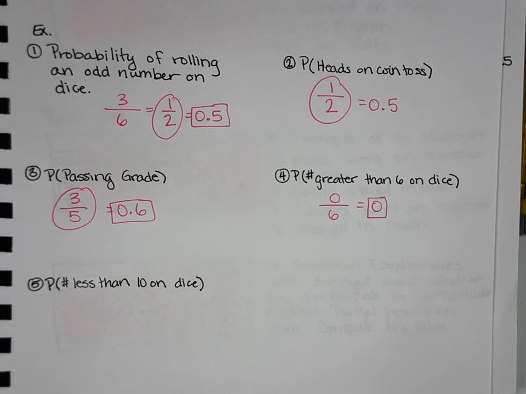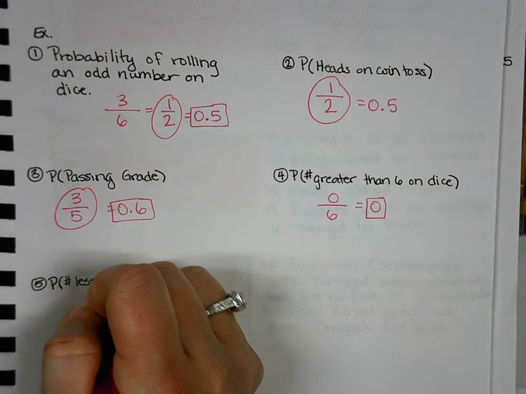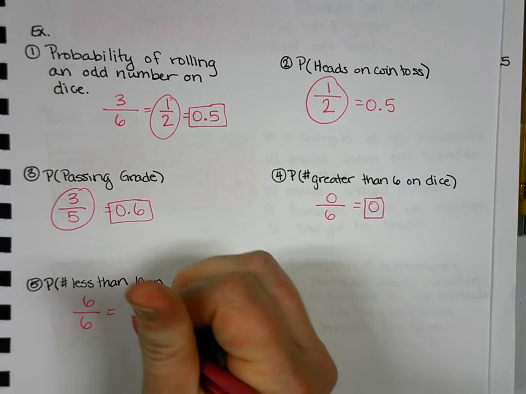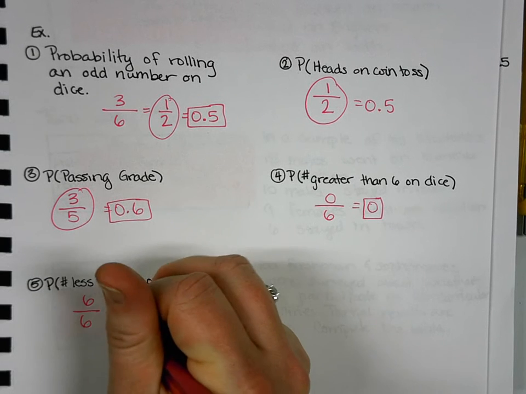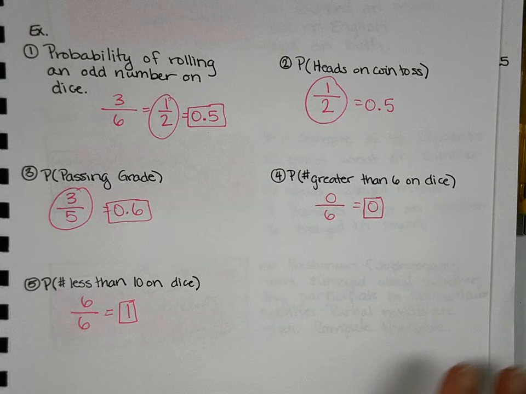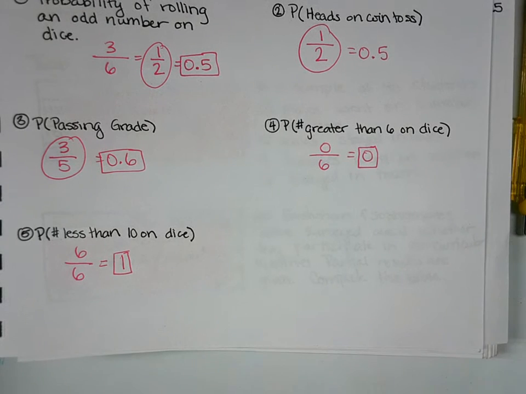What about the probability that we roll a number less than 10? All 6 of the possible outcomes are less than 10. So you have a 1 as your probability. 0 and 1 are the range of your probability. All probabilities are never going to go lower than 0, and they're never going to go higher than 1.